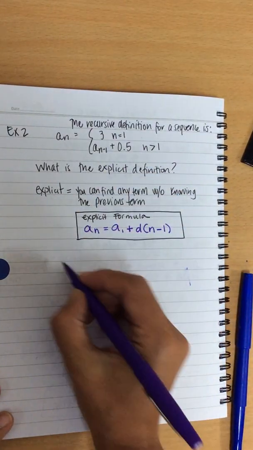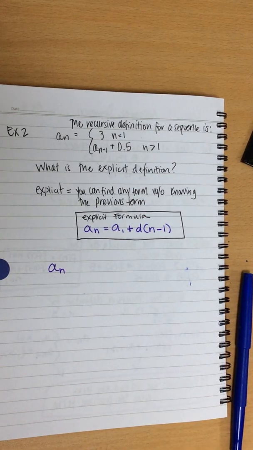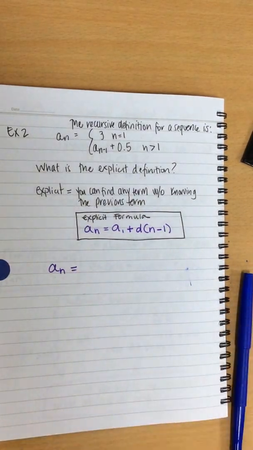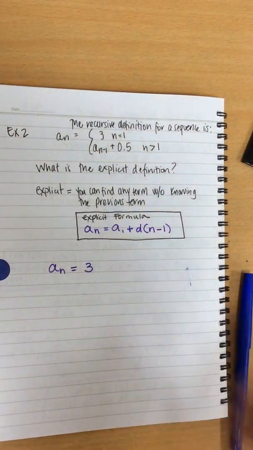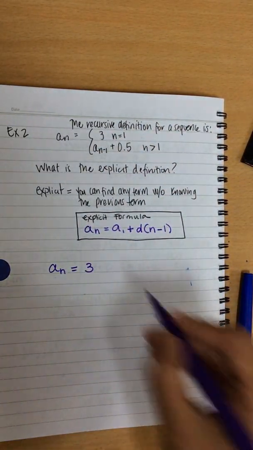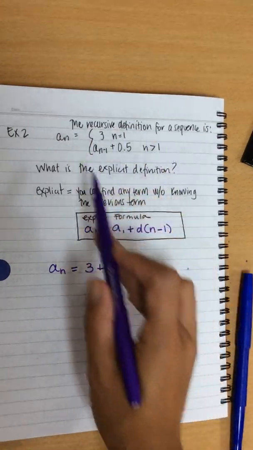So let's put that in an example here, so maybe it makes a little bit more sense. If I'm finding the explicit formula for any term, a sub n, it's going to equal the first term. What's our first term here? 3. Plus, what's our common difference? Which one of these numbers is our common difference?